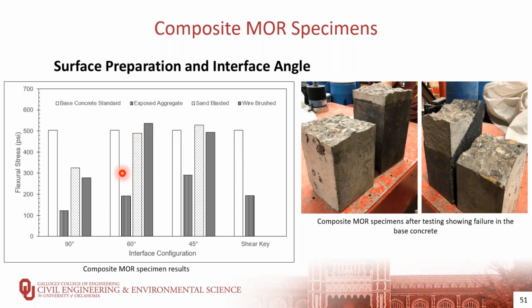So for an inclined interface between the two, we had basically the same strength at the bonded interface as we had for the conventional concrete, or a higher strength at the interface than we had in the conventional concrete. For our vertical surface, we didn't see as high a performance, and then we had some issues with our exposed aggregate surface that ended up showing lower results due to a poor surface preparation.